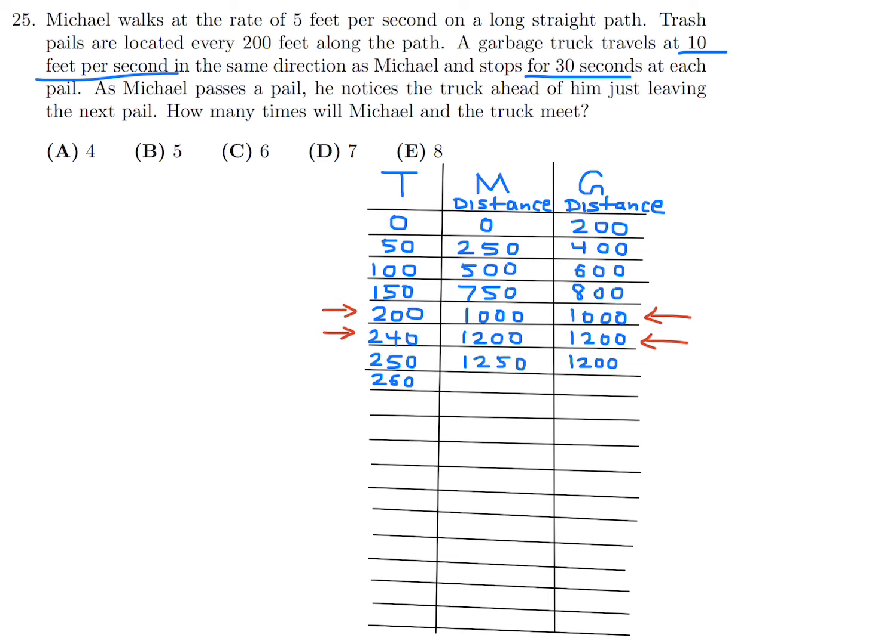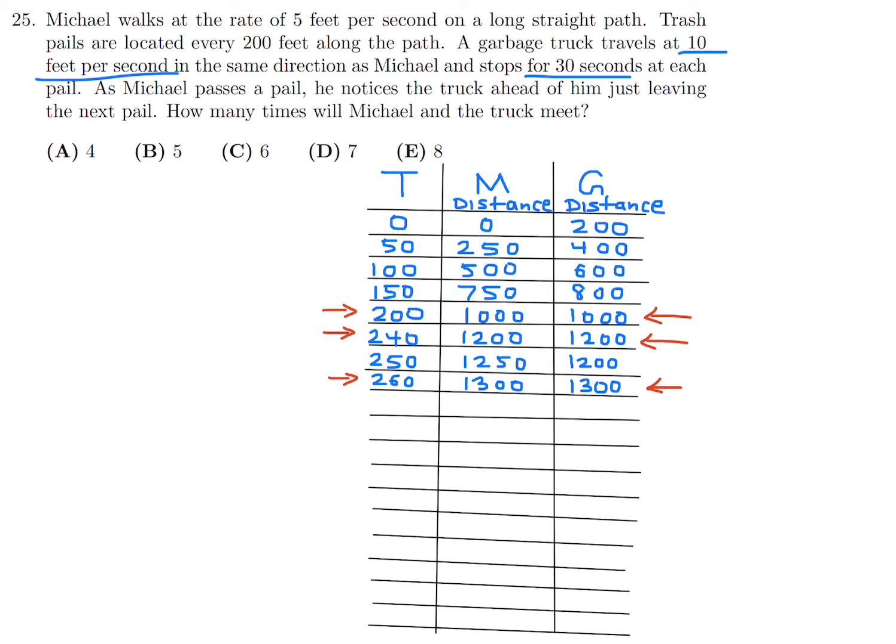And we don't know what's going to happen. They're going to probably meet very quickly. 10 seconds later, Michael's traveled 50, so he's at 1300. But in 10 seconds, the garbage truck travels 100, so it's also at 1300. So at 260, they meet again.